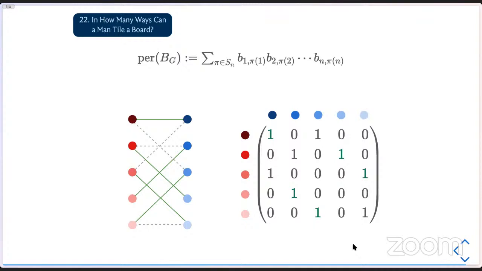So the terms that contribute a +1 in the sum are in one-to-one correspondence with all the perfect matchings in the graph. There could be smaller matchings, but they're all going to vanish. Any permutation that doesn't correspond to a legal matching, those terms are going to be 0 and vanish from the sum.